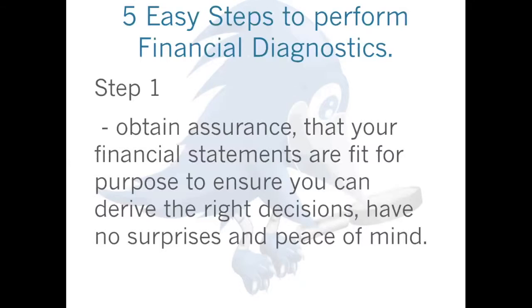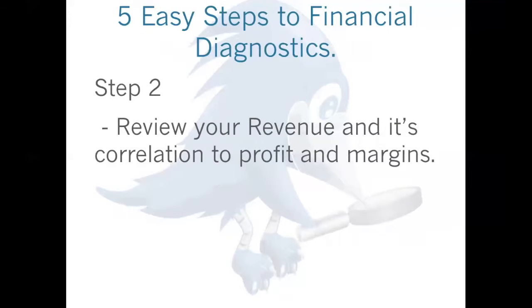Step 1 is about obtaining assurance that your financial statements are fit for purpose, to ensure you can rely on it and derive the right decisions, have no surprises, and have peace of mind. Step 2 is about reviewing your revenue and checking its correlation to profit figures and margins, and drilling into it.